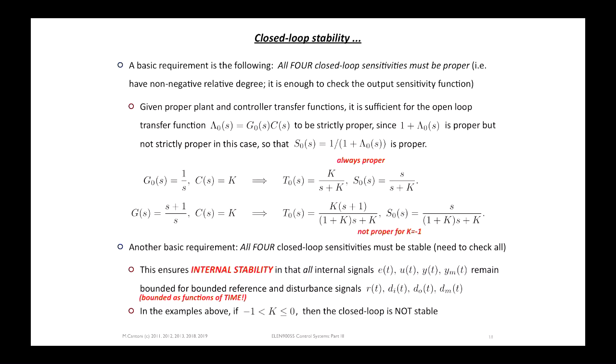What's harder to achieve is closed loop stability. And closed loop stability requires all four, such that all of the internal signals remain bounded, provided all of the external inputs are bounded. So these are just some examples of what happens when you have specific plant and controller transfer functions.